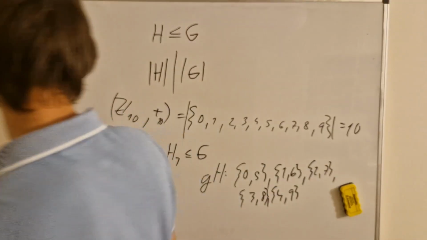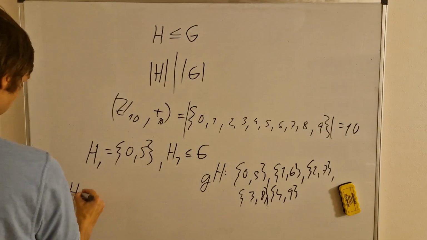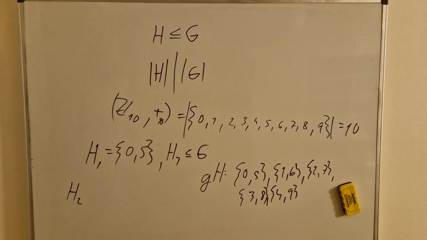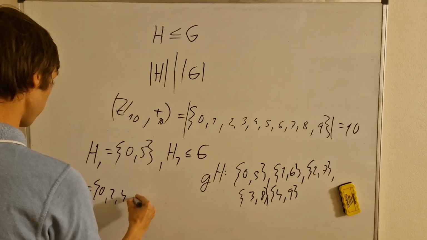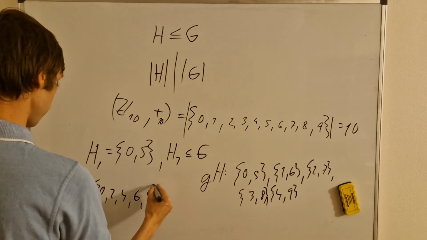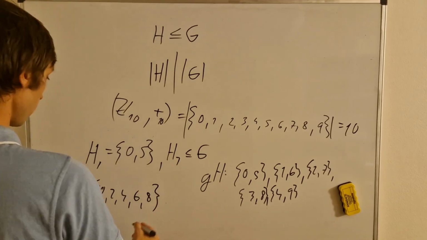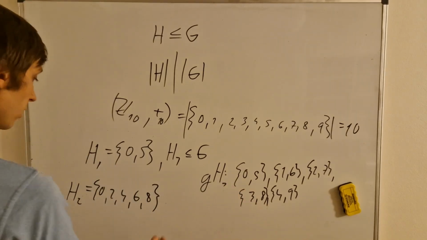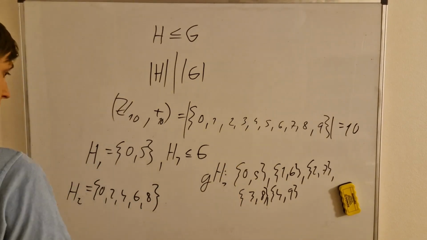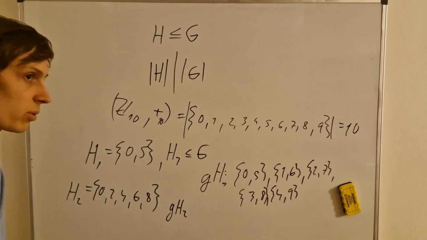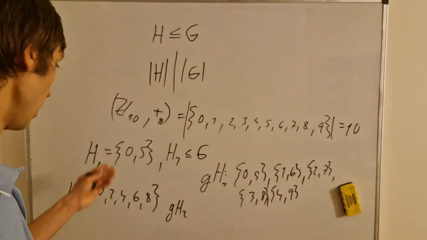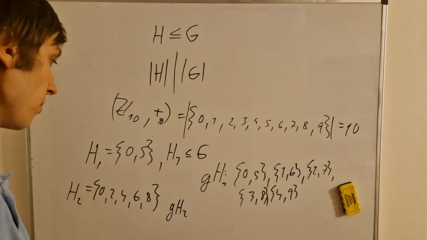And I mean, we can also take H2. How many are there going to be of those cosets? Well, H2 was 0, 2, 4, 6, 8. And I can write GH1 for cosets based on H1. And we can see a pattern. Before, we found a subgroup of 2 elements and a subgroup of 5 elements.